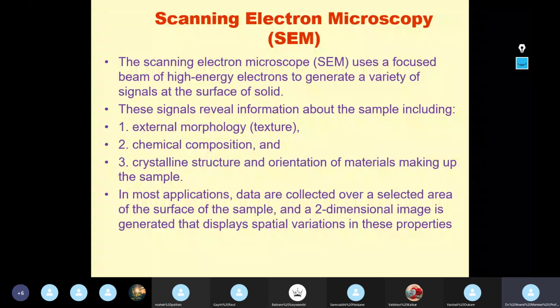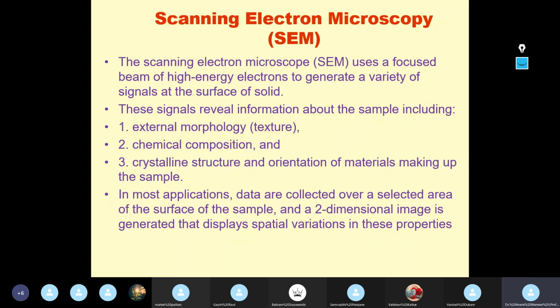because you have nothing to do, means specimen preparation is not required. Even if moisture is there, even if the cell is live, or even if the specimen sample is wet, that will not matter, because the electron beam is not being transmitted through it. Rather, it will just fall on the surface and excite the electrons where the primary electrons are striking, and from that secondary electrons will be generated.